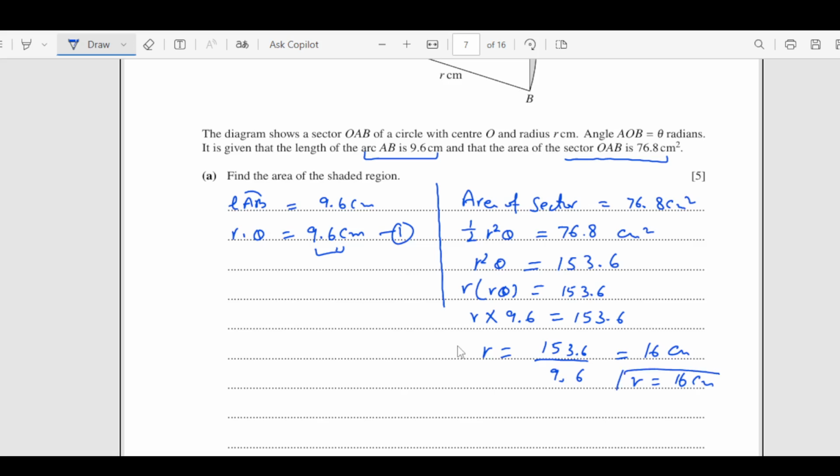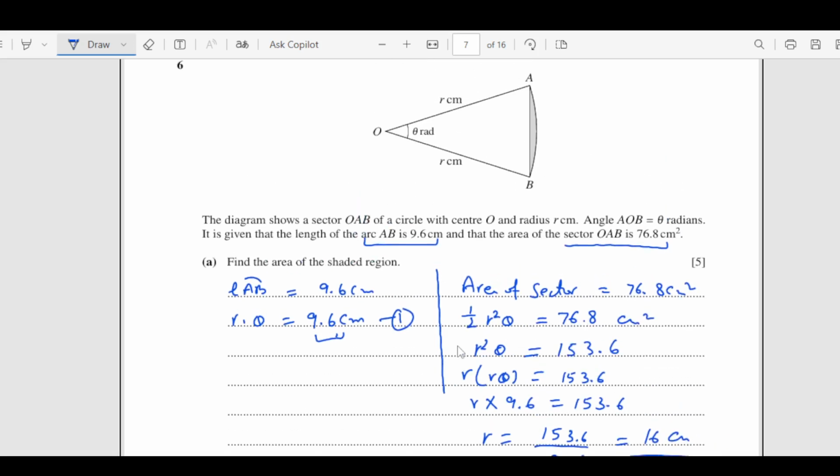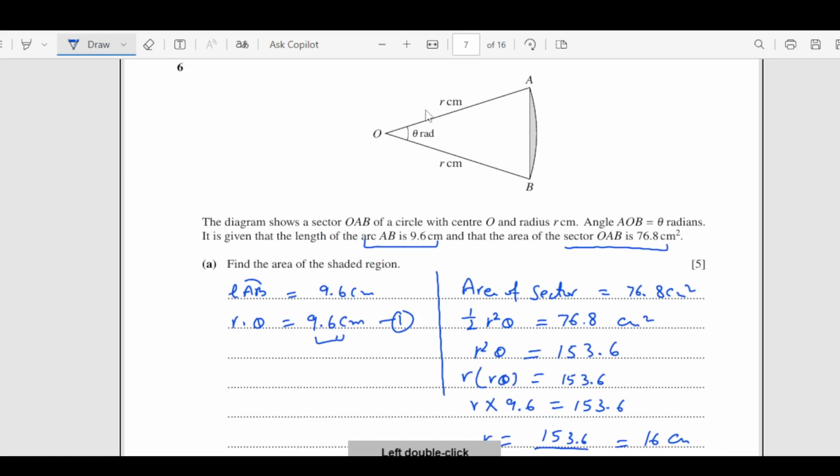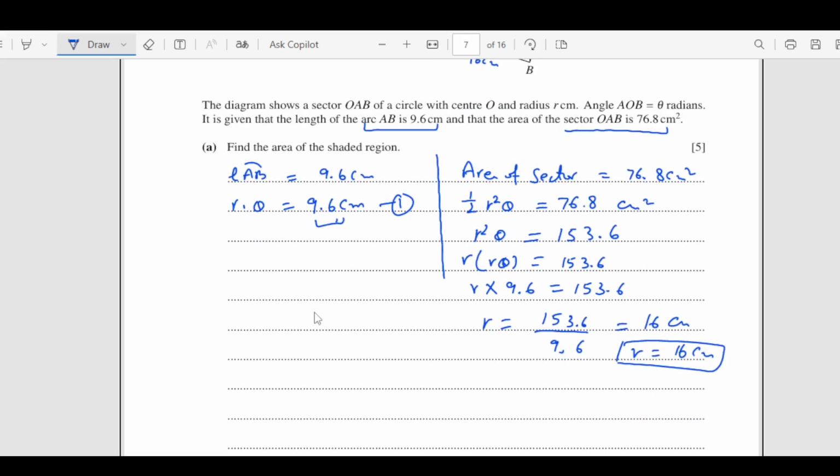So radius is now 16 centimeter here. So we have this is 16 centimeter, and this will also be 16 centimeter, right? So if we got the value of r here, then r is 16 times theta equals 9.6 centimeters, right?